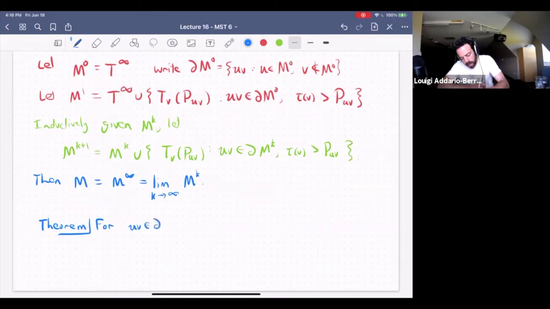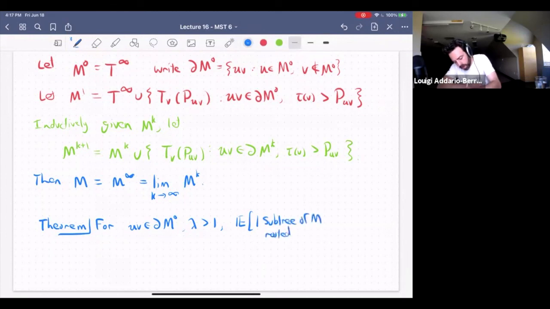So if I look at one of these boundary edges UV, and some value lambda greater than 1, I look at the expected size of the subtree of M rooted at V, given that the weight of that boundary edge was lambda.